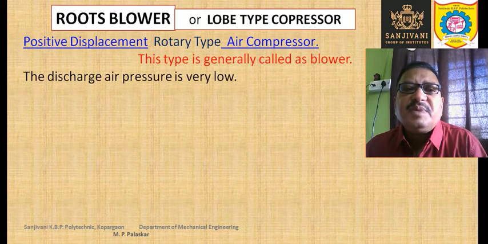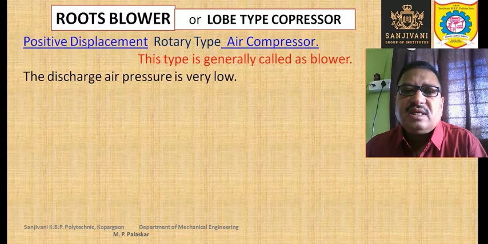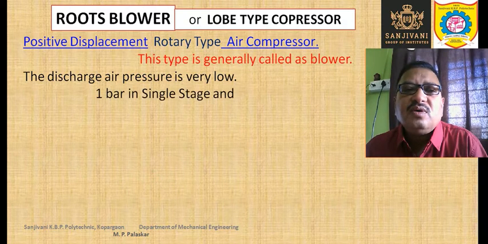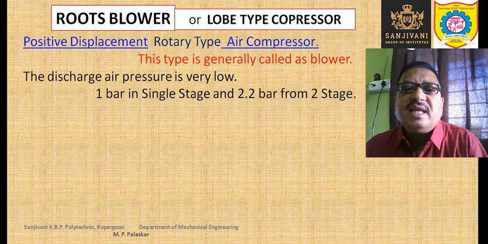The discharge pressure of the air is very low. The pressure of the air which is discharged through this compressor is very low, 1 bar in single stage and 2.2 bar from two stage compressor. Such a small discharge pressure is obtained with the help of this Roots blower.